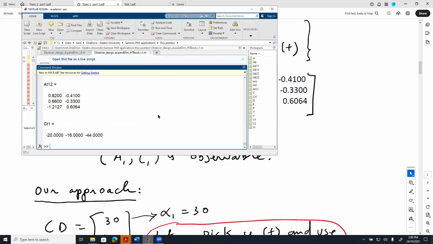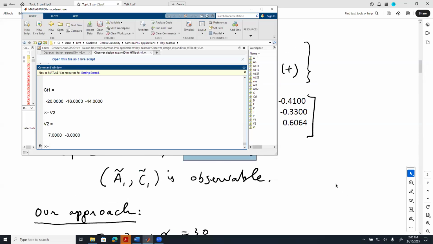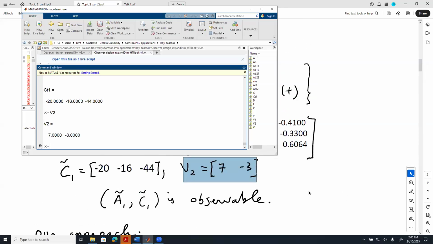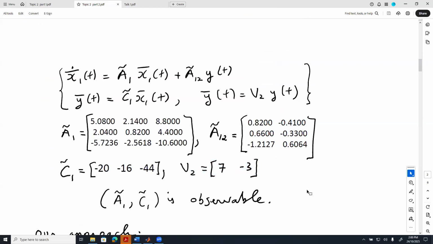Okay, so we have here V2 as well, which is that 7 and -3 in there. So that's where we got the reduced order disturbance-free system.